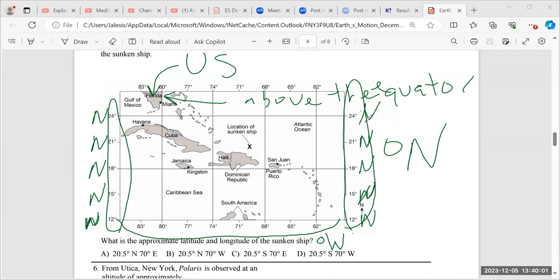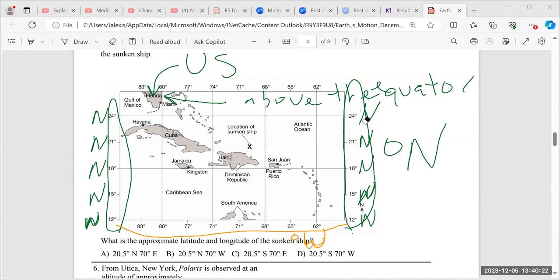Let me change the color so that way we can best represent. Here we go. So all of these longitudes, they're all degrees west. All right, so that's something to keep in mind.